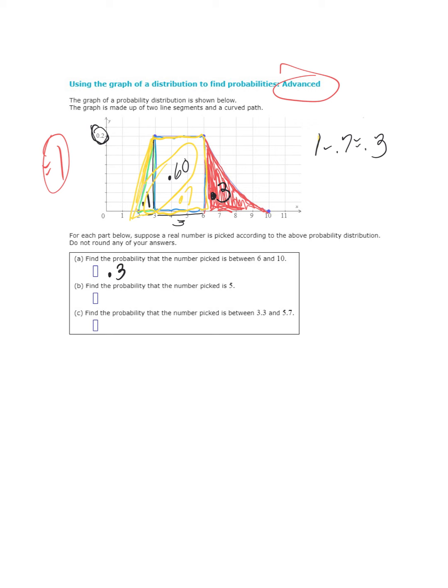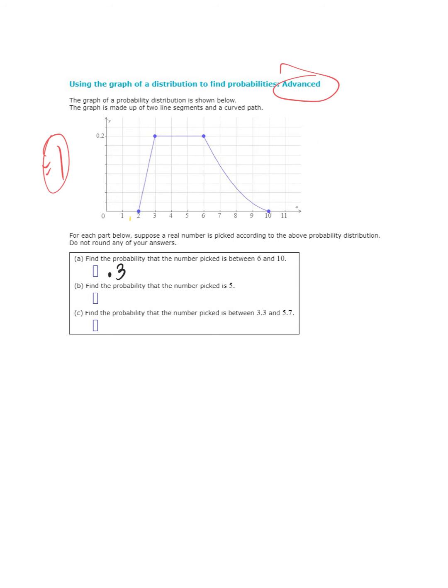All right, let's find the next one. And then it says, what is the probability that the number picked is 5? So here you got to imagine, okay, let's think of it as area again. The number picked is 5. So I'm just coming straight up from 5. It doesn't have any width to it.